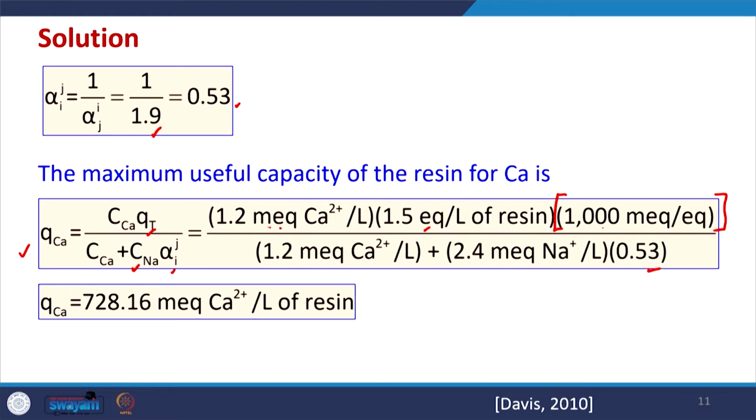So, we use this expression, where 1000 is the number of milliequivalent per equivalent. Now, if you solve, we will find that the quantity of calcium that can be exchanged is 728.16 milliequivalent calcium per liter of the resin.